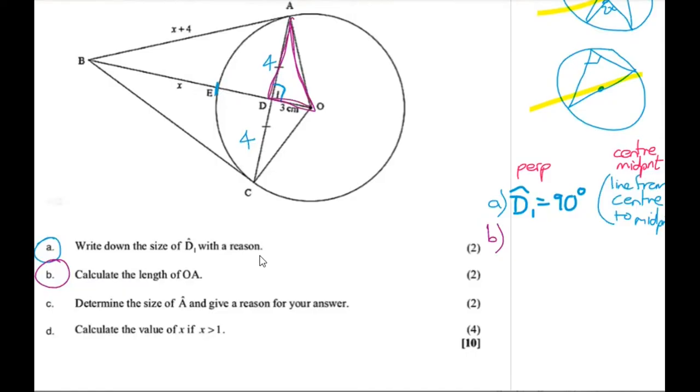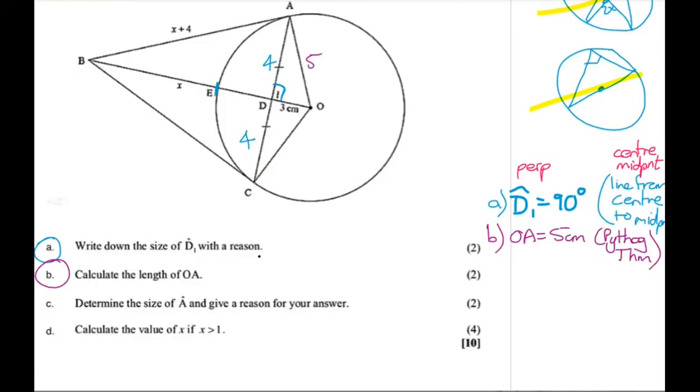And because it's that very common one, guys, I hope you don't have to do the calculation. The 3, the 4, you know the hypotenuse is 5. But if you do the calculation, it is perfectly fine. So we're going to say that OA is equal to 5 centimeters, and your reason, Pythagoras's theorem. Okay, and you write it in on your diagram.